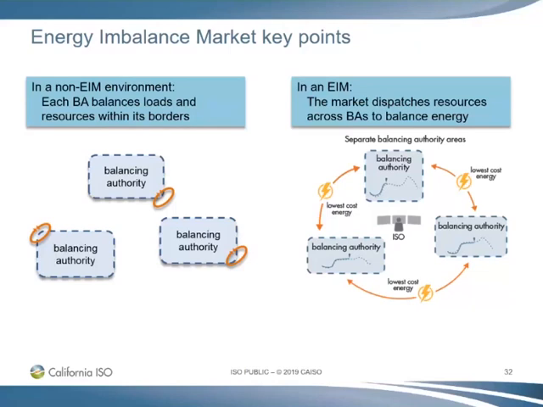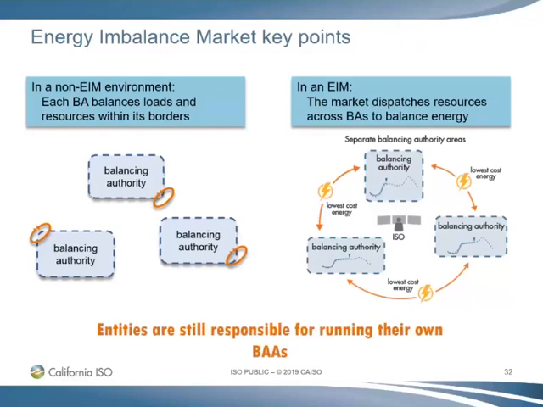There is more economic efficiency with regard to dispatching the right resource to serve the energy needs, and decreased cost to integrate renewable power into your system. Participation in the energy imbalance market still requires the balancing authority area to be responsible for maintaining and running their own BA.